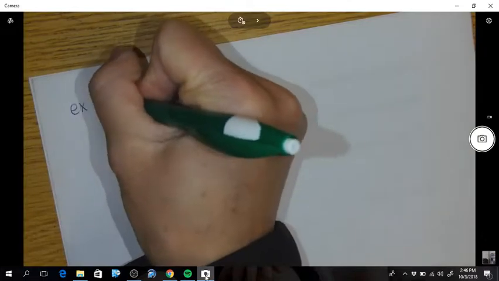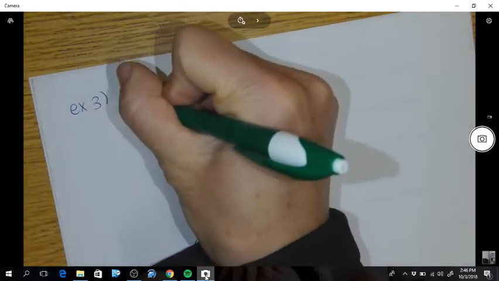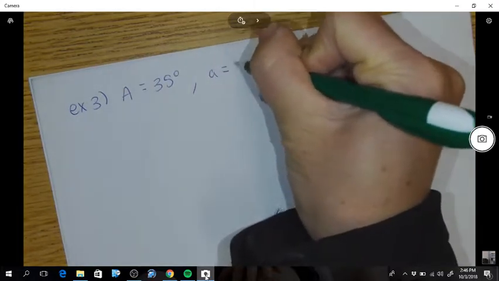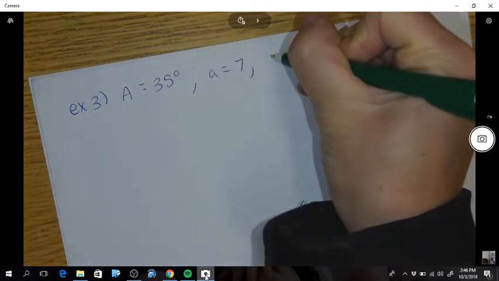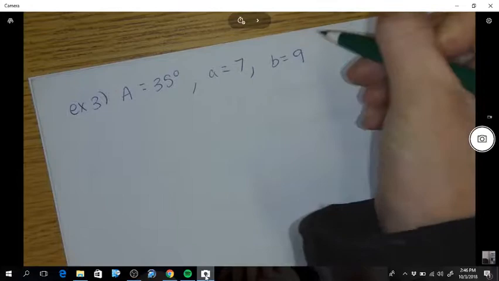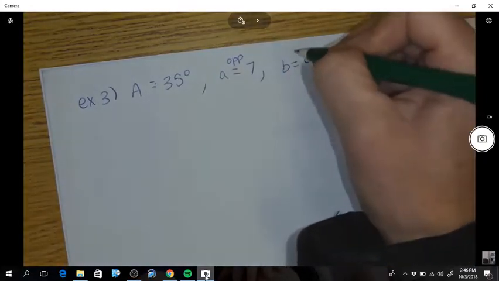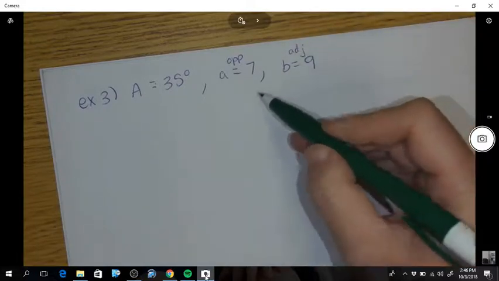Okay, last example. 35 degrees is A, side A is 7, side B is 9. So this one is the opposite, and this one is the adjacent.